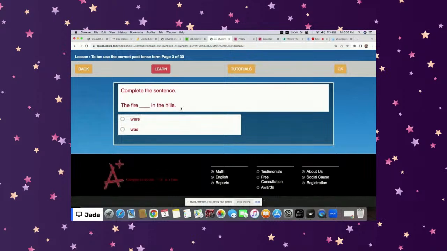What's your answer here? The fire dash in the hills. Okay. Yeah, was.